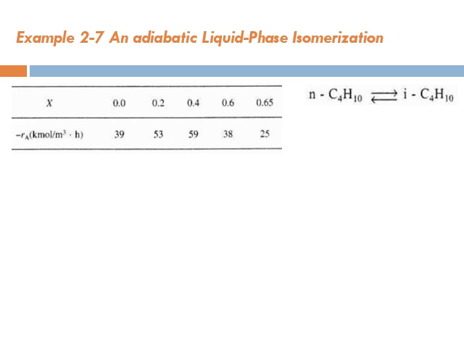Okay, so let's summarize one more time how the rate of reaction is changing. Let's plot the variables against x, and let's say x here is 0, x here is 0.4, and x here is 0.65.